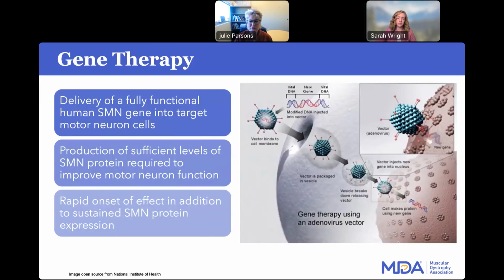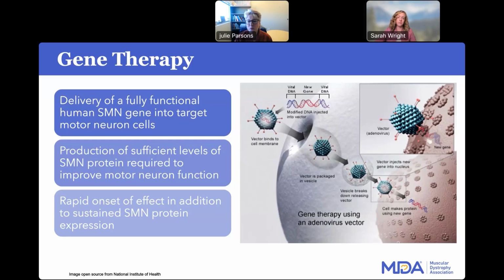And then we get into gene therapy. So the idea for gene therapy is that there is delivery of a fully functional human SMN gene that targets motor neuron cells. So the transgene is packaged in an adeno-associated viral capsid. This is not a pure adenovirus, it's an AAV. And for onasemnogene, it's an AAV9 capsid that encapsulates the transgene with a promoter.